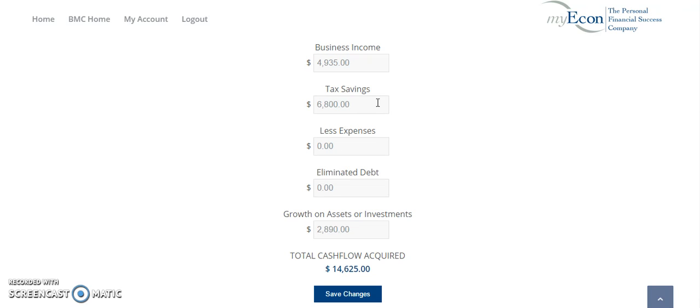The second category is tax savings. The tax savings is for everyone who has income shift. So if you have income shift your job, whatever additional income that you're bringing in every month, you're going to multiply that by how long you've been in the business.